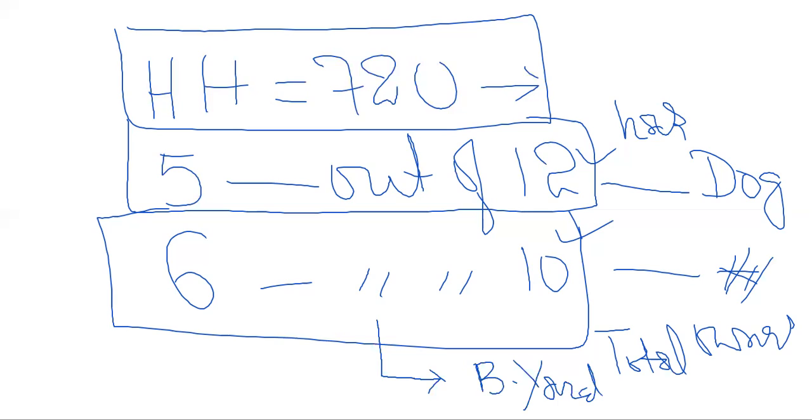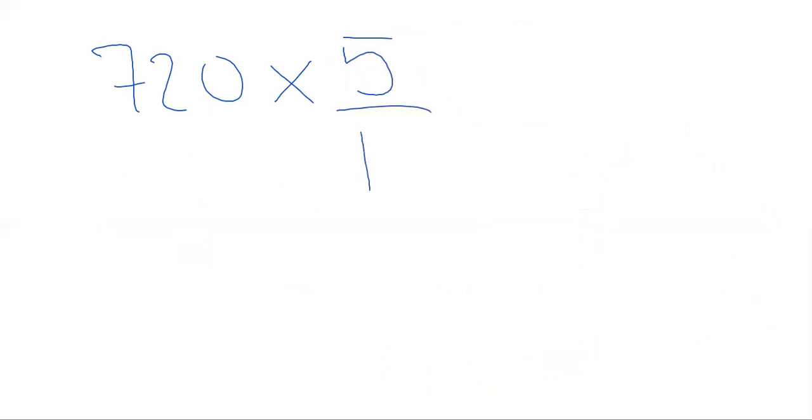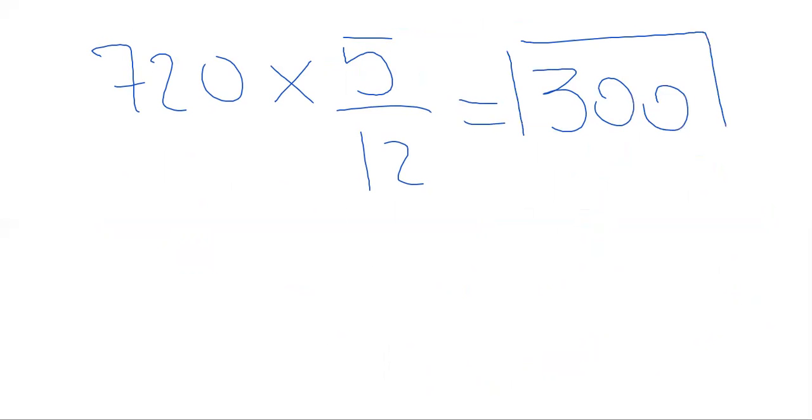Now let me solve it for you. There are 720, and out of these, 5 out of 12 have a dog. So we have 300. Am I right? Then out of these 300 dog owners, some also have a fence in the backyard.